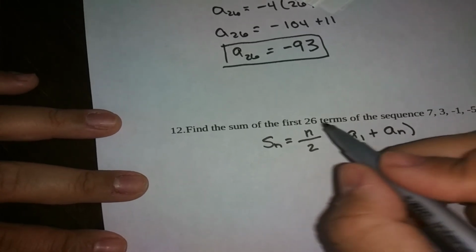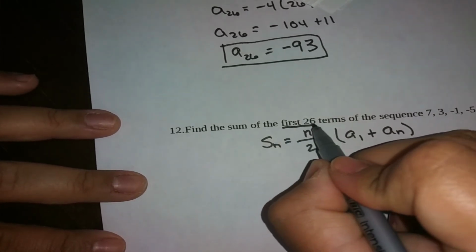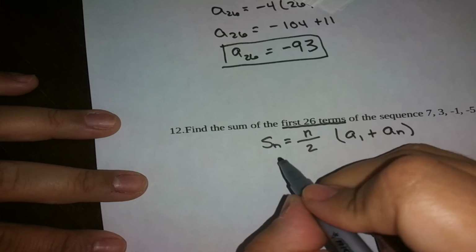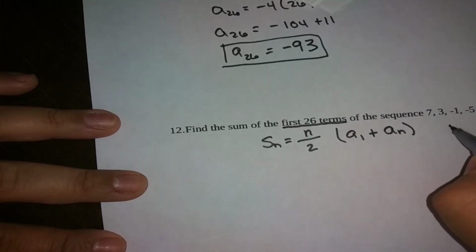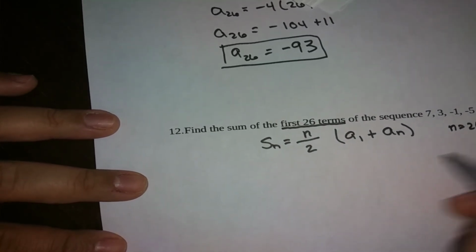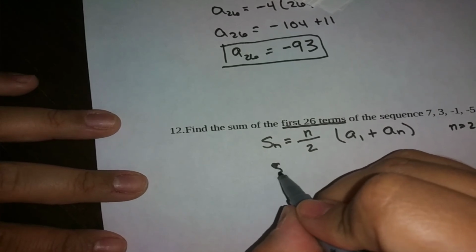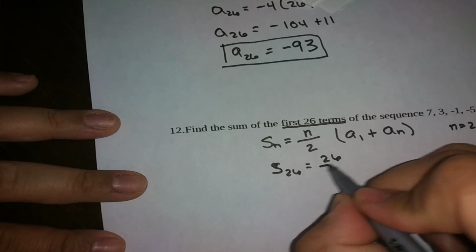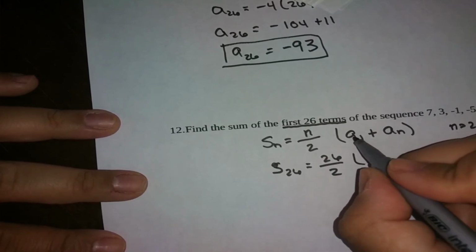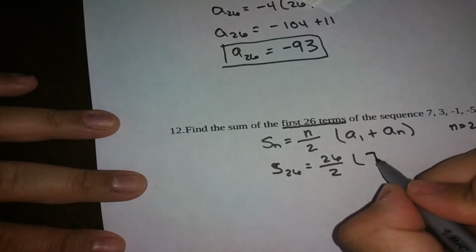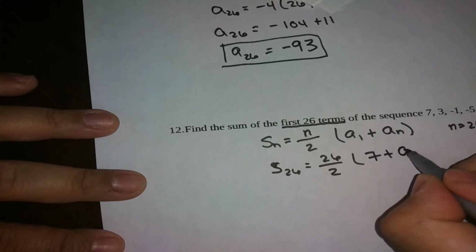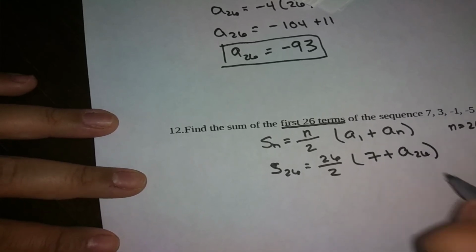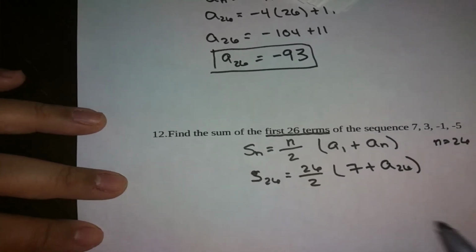Well, if I want to find the first 26 terms, my n again is going to be 26. So let's go ahead and substitute that. So s sub 26 will give me 26 over 2. My a sub 1 is 11.